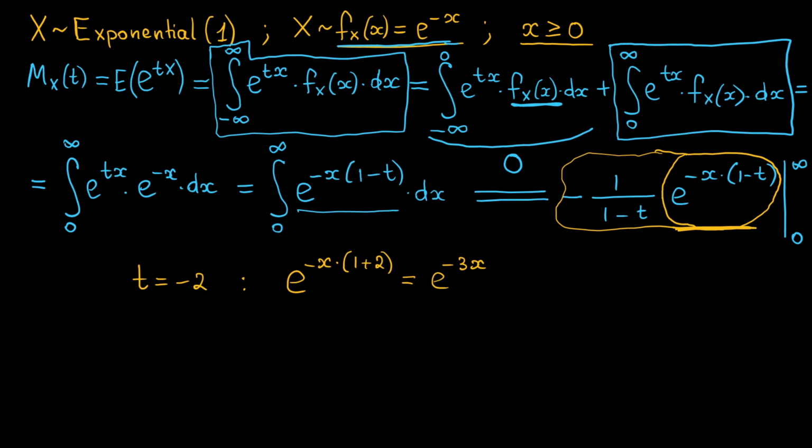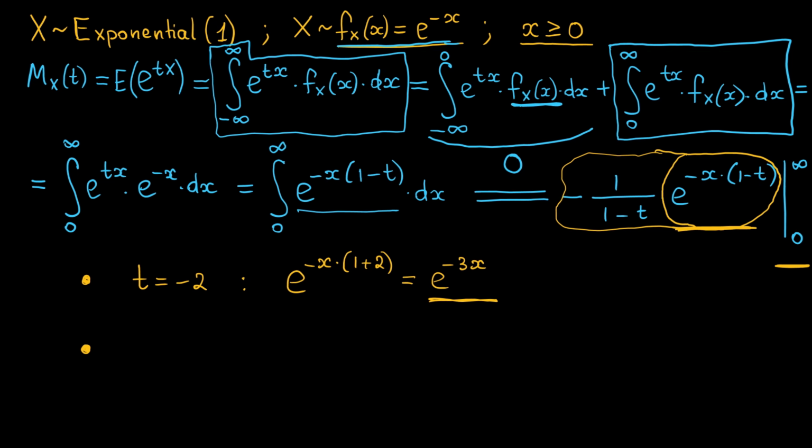Notice that we'll be letting x go to positive infinity and 0. As x goes to positive infinity, this expression will go to 0, and as x goes to 0, this expression will go to 1. Okay, so that looks good for t equal to minus 2.